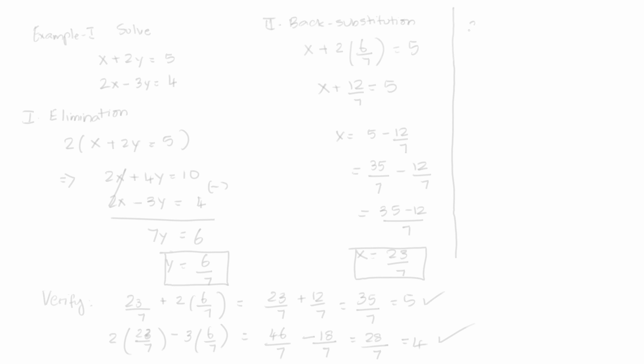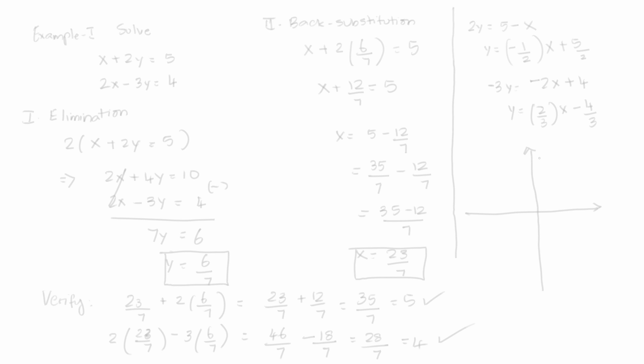Let's rewrite the two equations. The first equation would become y equals minus 1/2 x plus 5 over 2. The second equation would become y equals 2 over 3 x minus 4 over 3. If we graph this, the first line is a decreasing line.